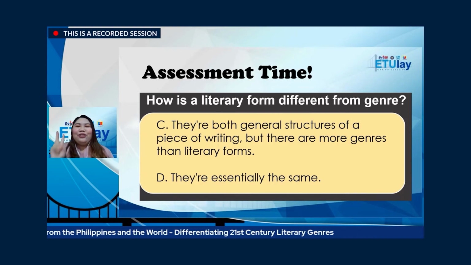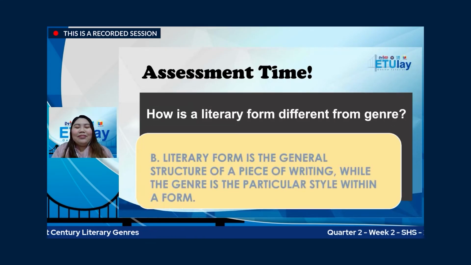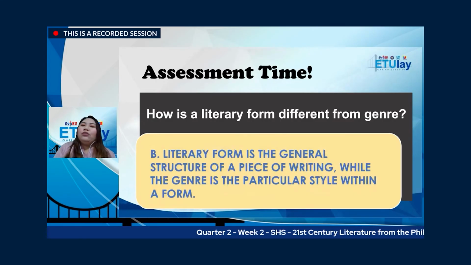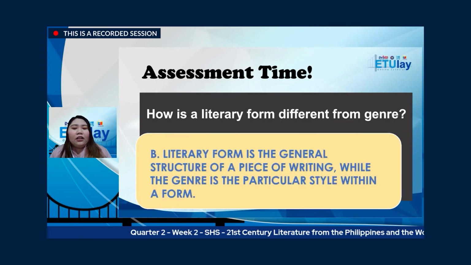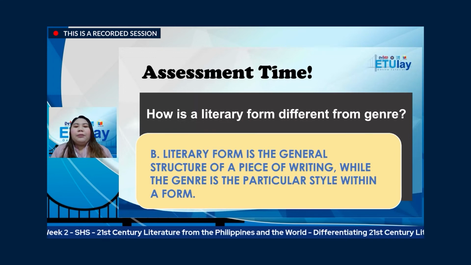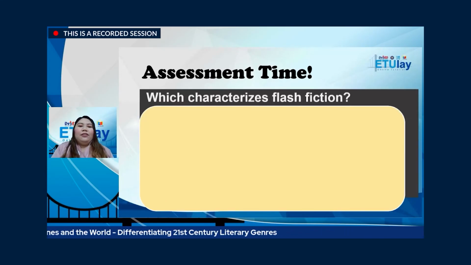Three, two, one. The answer is ready. Letter B. The literary form is the general structure of a piece of writing or literary text, while the genre is the particular style within a form. Good point.